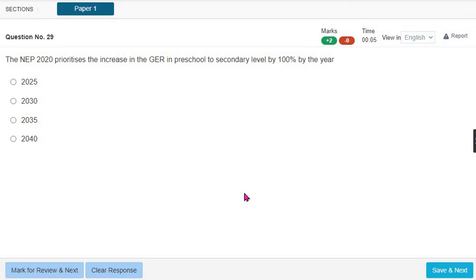The NEP 2020 prioritizes the increase in the GER in preschool to secondary level to 100% by the year 2030.